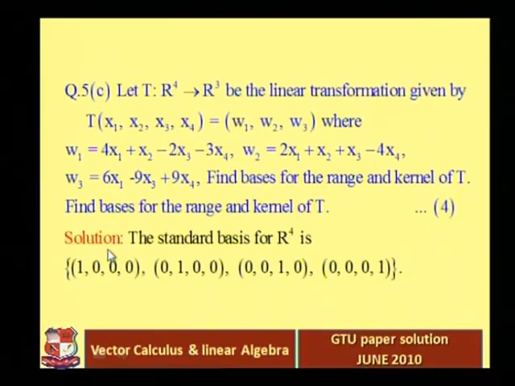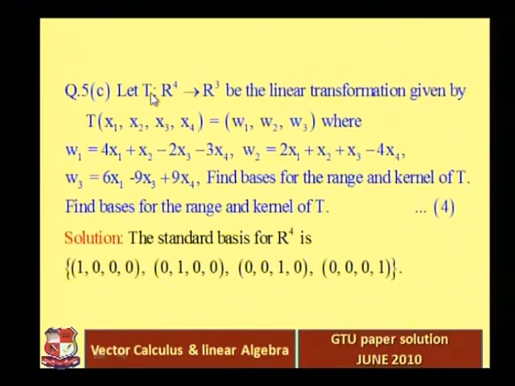Here is the solution. We know that the standard basis for R4 is 1 0 0 0, 0 1 0 0, 0 0 1 0 and 0 0 0 1. Let's try to find the image vectors corresponding to this standard basis of R4. We know that R4 is the domain of this linear transformation, right?